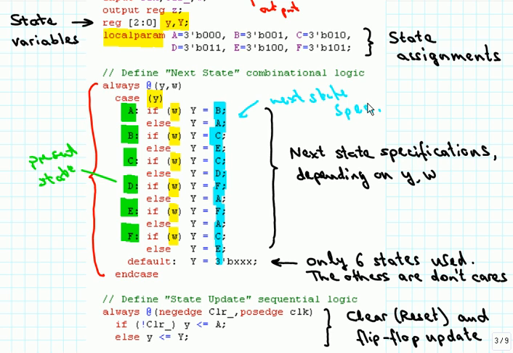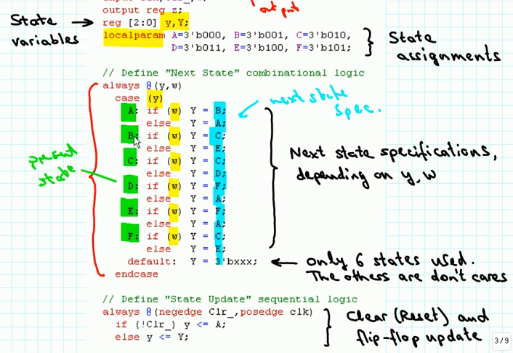And we just go along the lines of the state diagram that we have been making. So for example, if you are in state A and we see that W is equal to 1, then we go into state B because now we have seen the first one. If W, however, is 0, then we stay in state A because we are still waiting to see a first one.